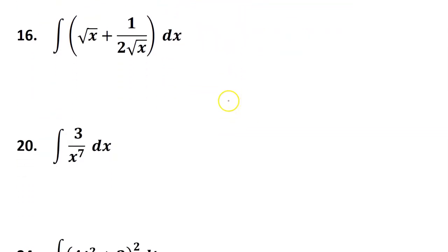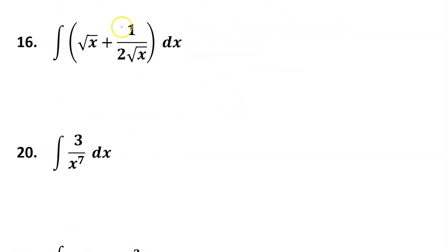All right, how about number 16? So we are going to break this up and do each term separately, but I think we will rewrite as we go. So for the first term, we've got x to the 1/2 power. And then in the second term, we can rewrite this. You see the 1/2 right there.